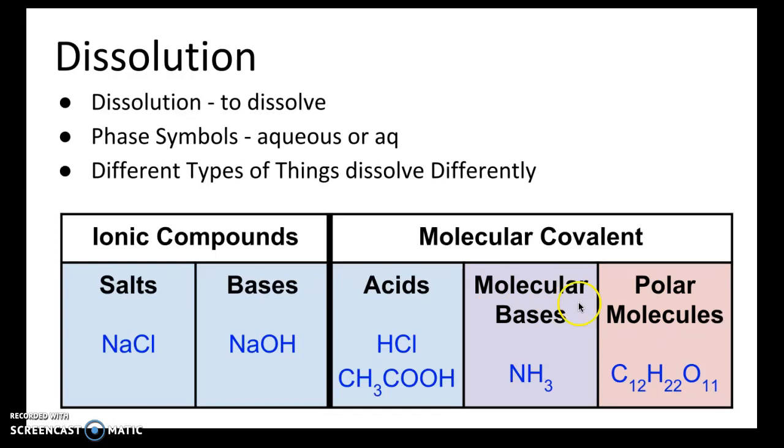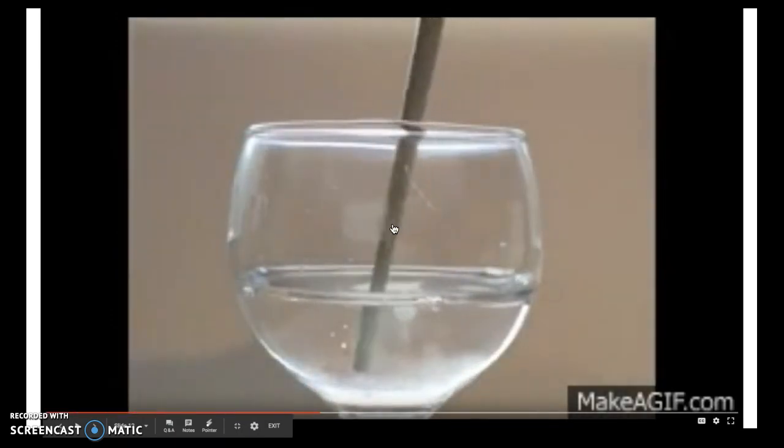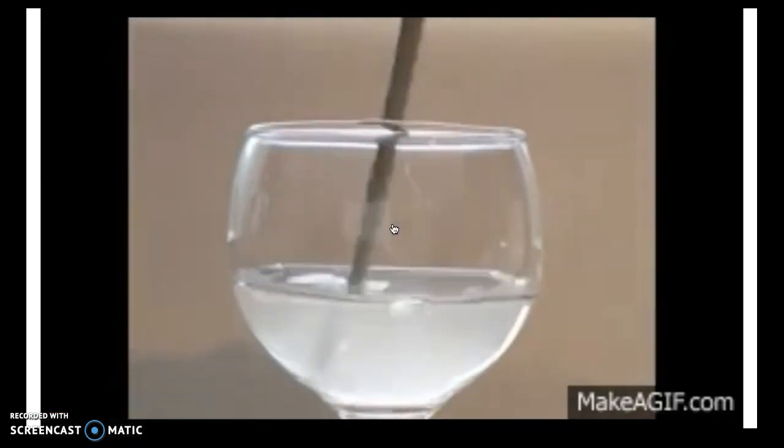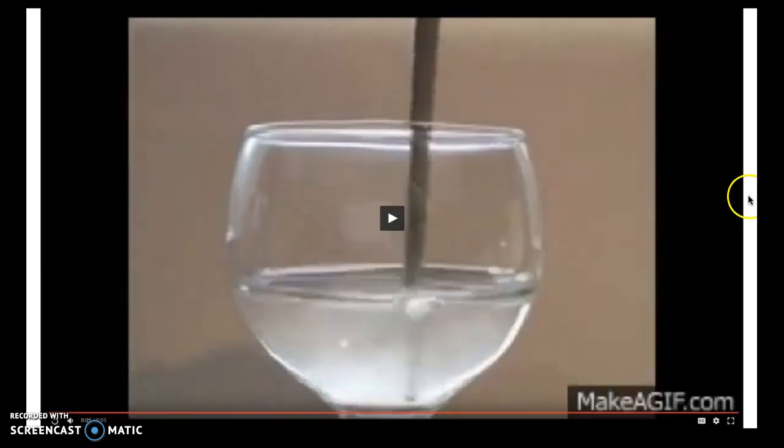These two things don't break apart into ions, but the molecular bases will form ions, and we'll see where those ions come from, but the molecular base itself doesn't break apart into, let's say, N-3 and H+1 ions. Okay. So let's look at what happens when we dissolve a salt in water, and then later we'll look at what happens when we dissolve acids and bases in water.